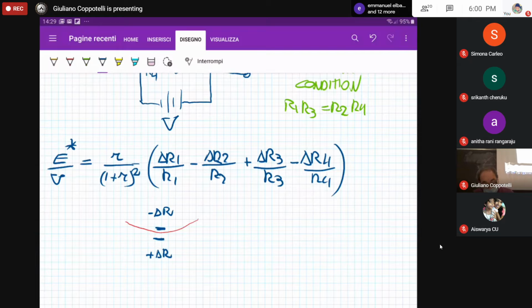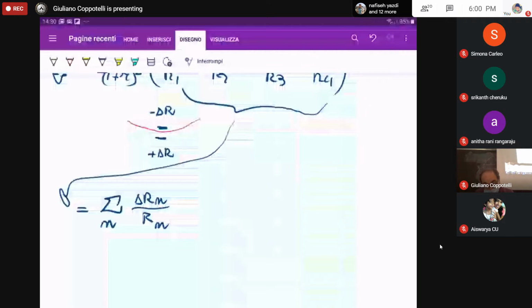Okay, like that. Just a second. And if you are using the same strain gauge, sorry, the same resistances, you can write that as n times the change of resistance with respect to the actual value.